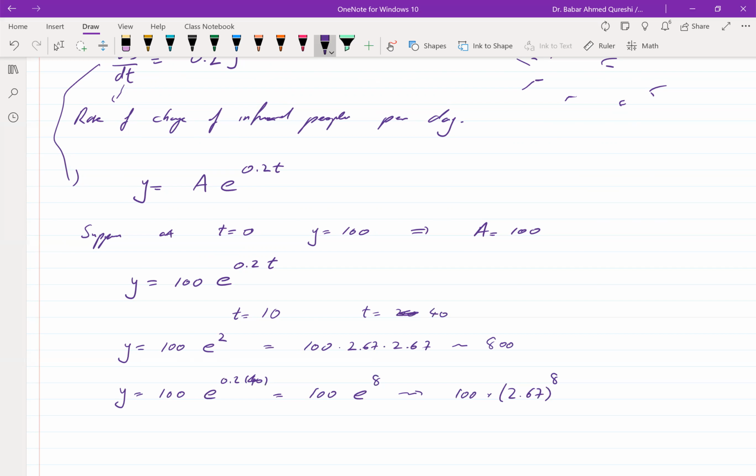And similarly, if I increase the number of days again, it increases as a power. So this is called the exponential growth.